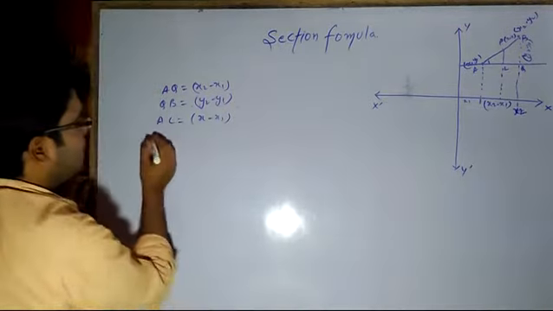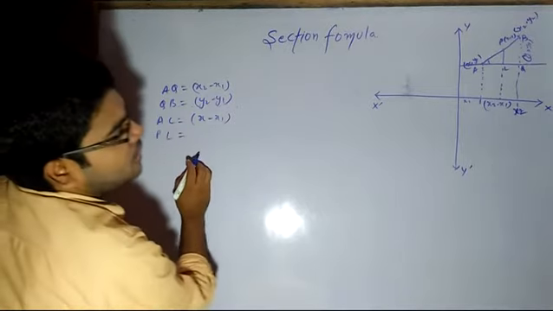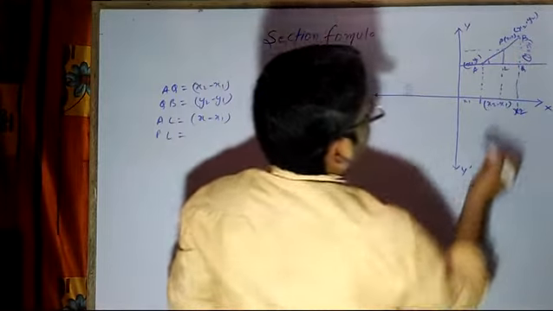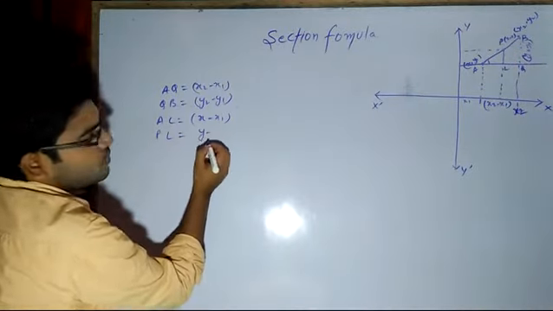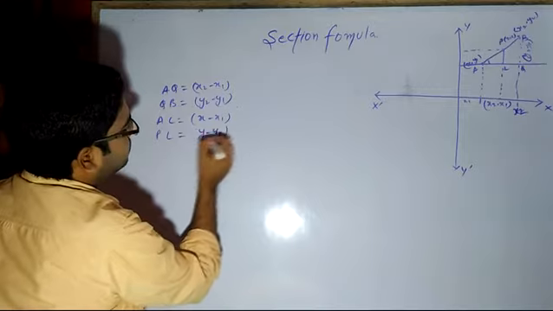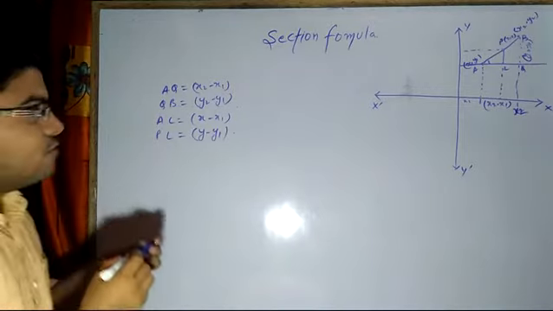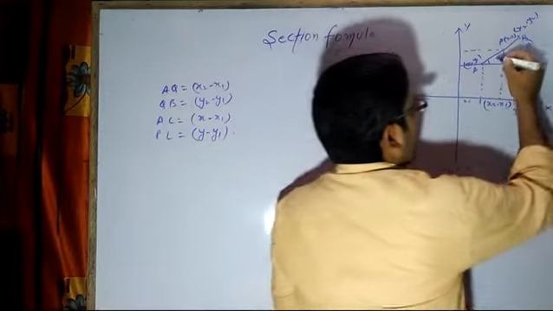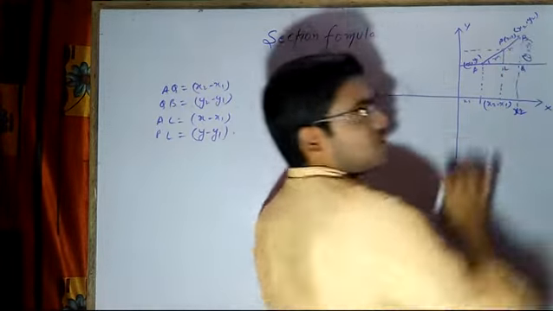Then we have PL, which will be equal to y minus y1. These are all 4 lengths you can find, because here we have x comma y, and the ratios m and n. I am substituting all the things.